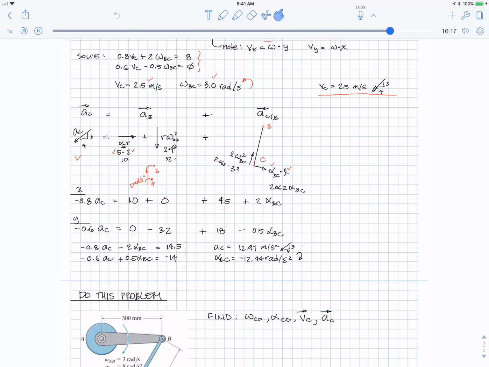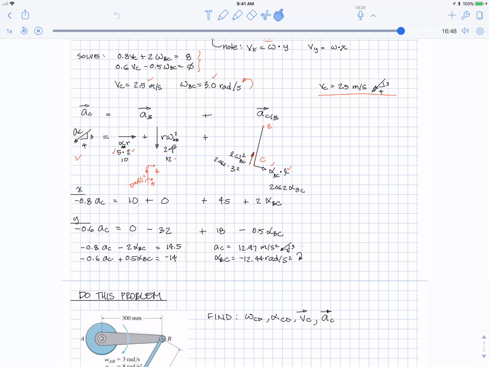And we have L times omega BC squared pointing towards the middle, so C to B is going this way. And L again was 2.062 meters, and we had just figured out, we needed this, omega BC was 3 radians per second, so times 3 squared. Okay, so we just take the x components and y components and solve. So the x component of AC is minus 0.8 AC to the left.